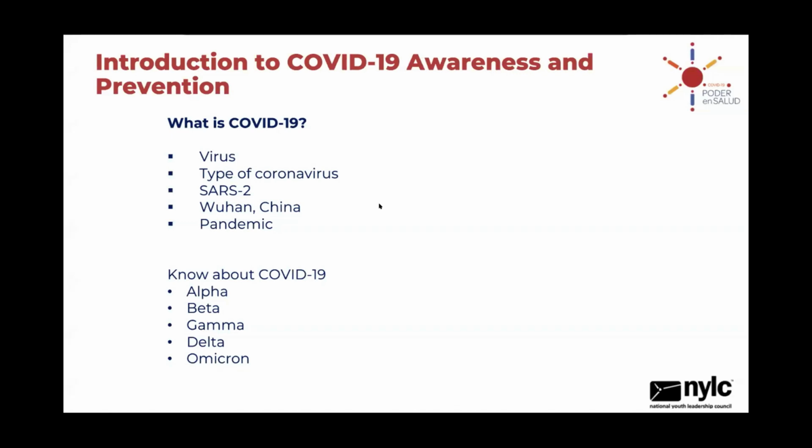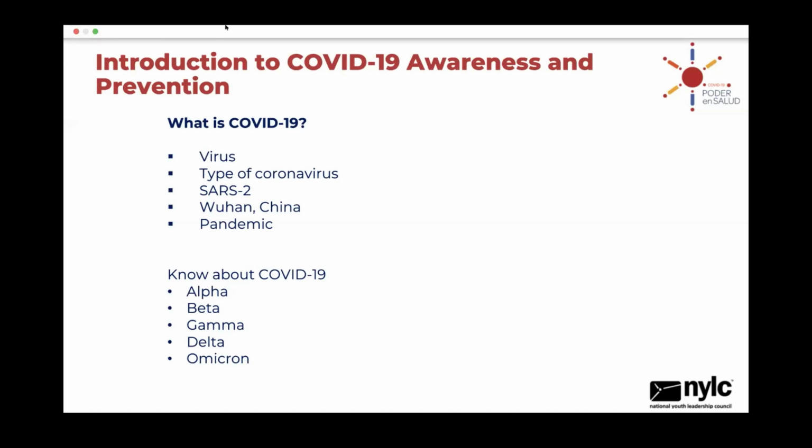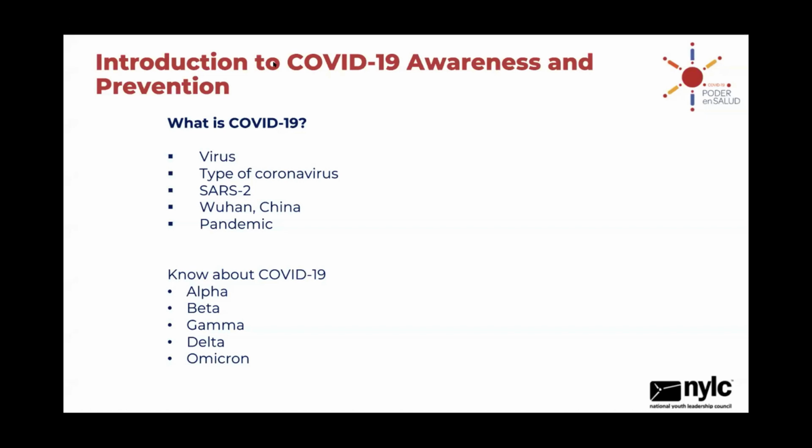Some more things you should know about the COVID-19 virus is that there have been various variants that have developed since we first saw the first confirmed case. There has been the Alpha variant, and there are a total of these 6 variants here: the Alpha, the Beta, the Gamma, the Delta, and the Omicron.